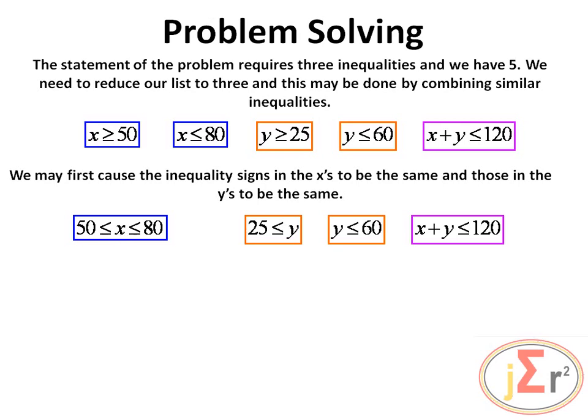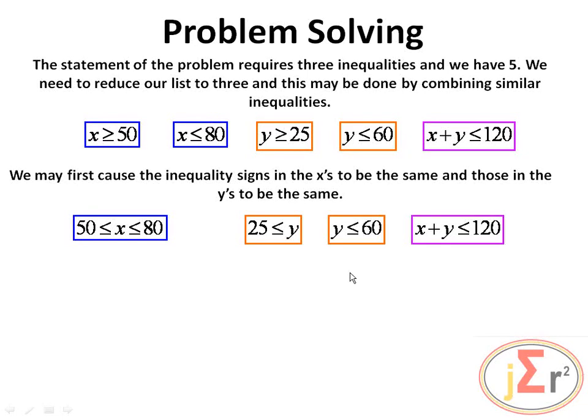It was given in this format, and we interpreted it at that stage to mean that the values of x will begin at the lower limit and will go to the upper limit, and because of the or equal to, that means 50 is included and 80 is included. So this is quite similar to what we have seen and used before.